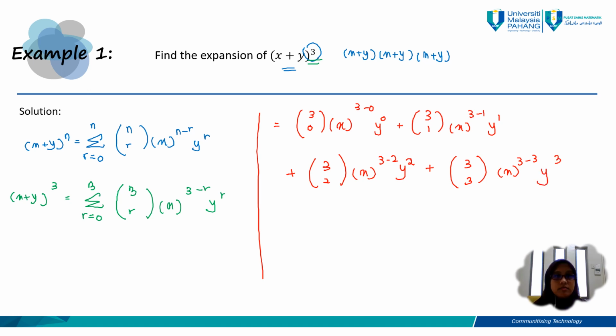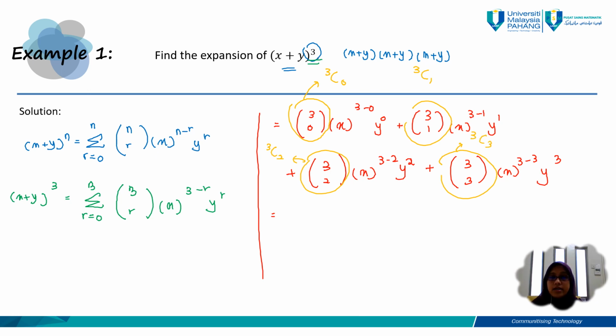Now, how do we find the value of (3, 0)? This one is actually equal to 3C0. (3, 1) is 3C1. (3, 2) is equal to 3C2. And (3, 3) is equal to 3C3.